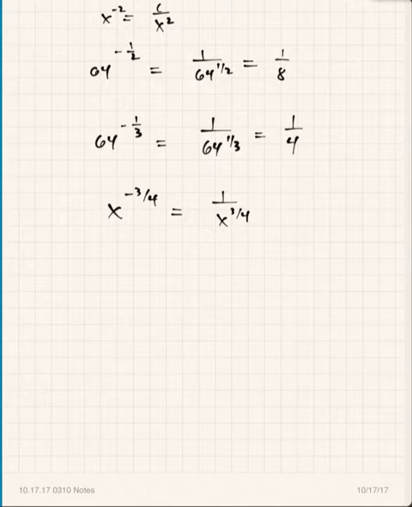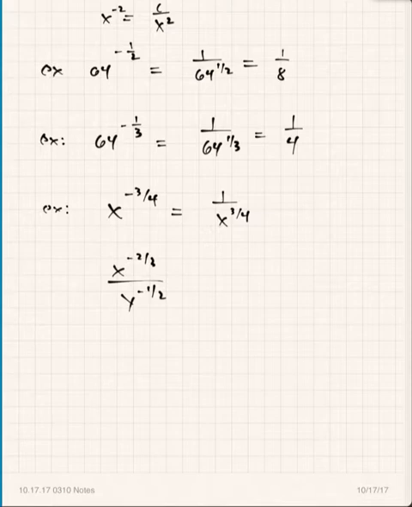If you have x to the negative 2/3 power over, let's say, y to the negative 1/2 power. Well, we've seen that kind of problem before. I'm going to title these all examples here. We have a negative exponent in the numerator and a negative exponent in the denominator. So what happens when you have negative exponents in fractions like that?